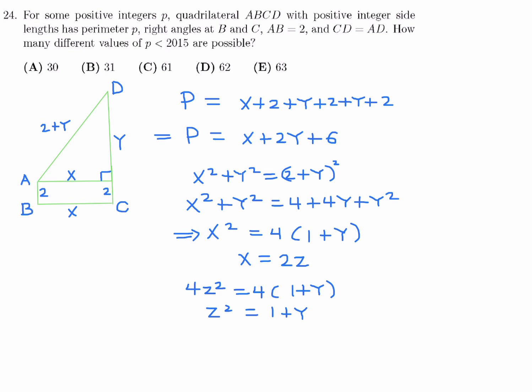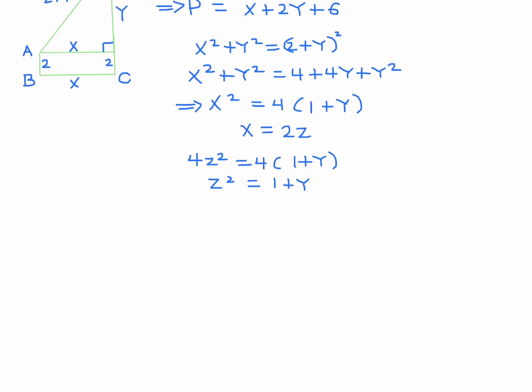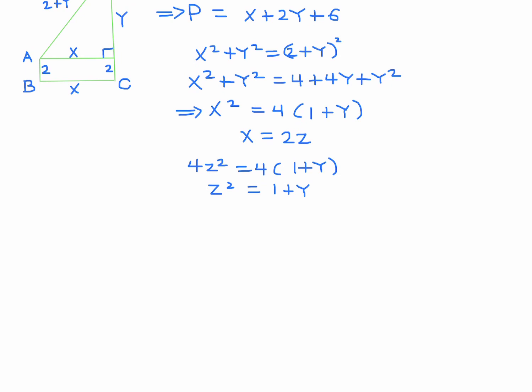And now we go back to our perimeter formula and plug it back into there. And when you do, you get the following. Perimeter is going to be x plus 2y plus 6. And let's substitute in our values for x and y. Since we have them all in terms of z, we have 2z here, and then 2y.